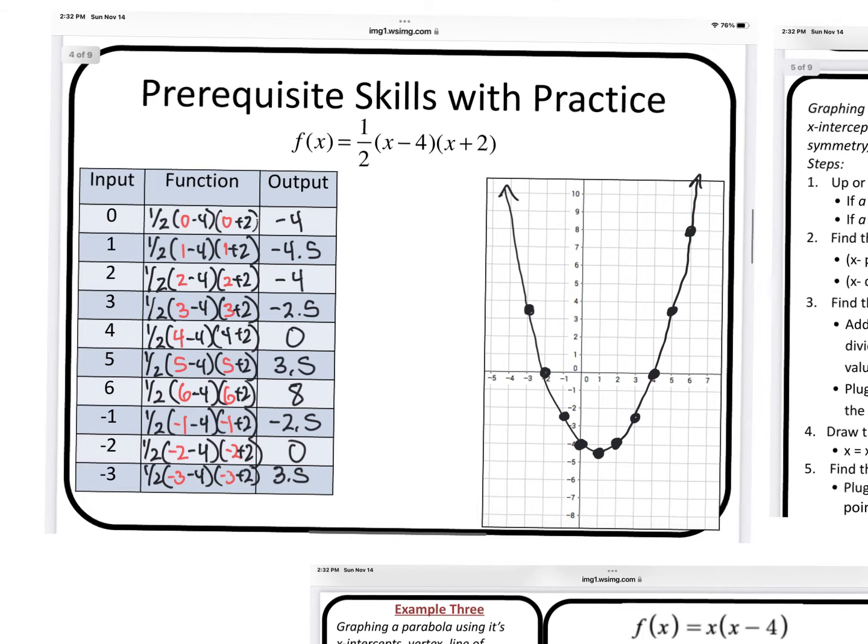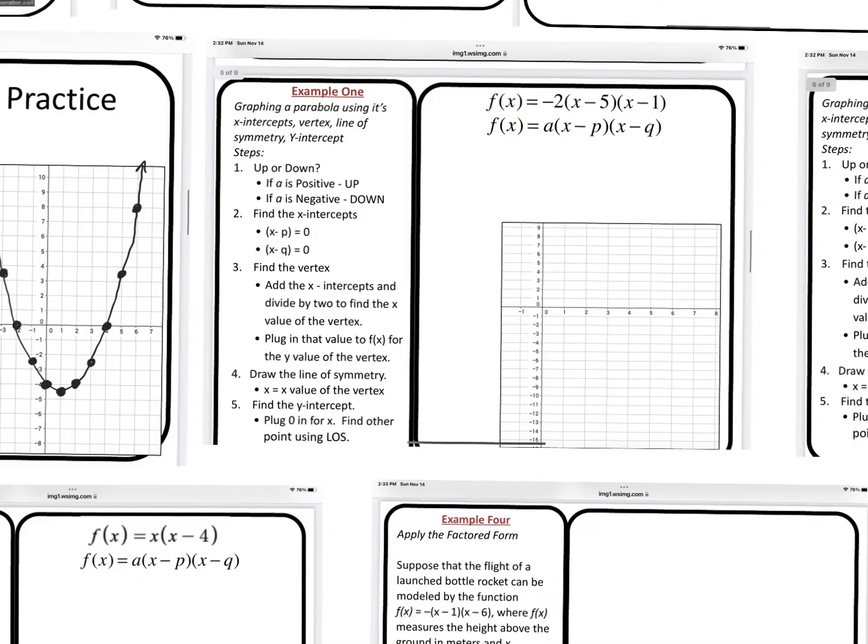Okay, so what we need to do is come up with a strategic way to, instead of having to plot all these points, use 5 steps to graph any parabola that is in factored form. So here we go. All right, our first step is very similar to the other ones: we are interested in whether the parabola is facing up or down, okay?